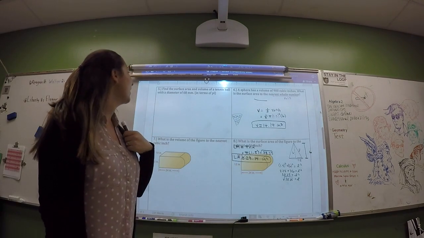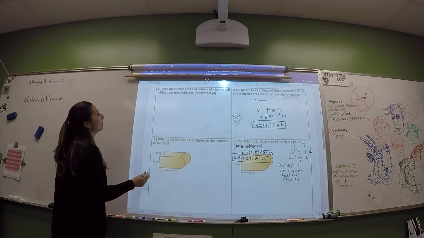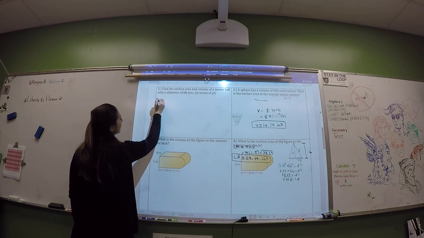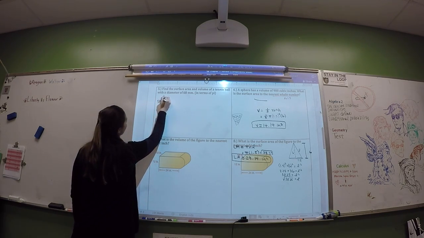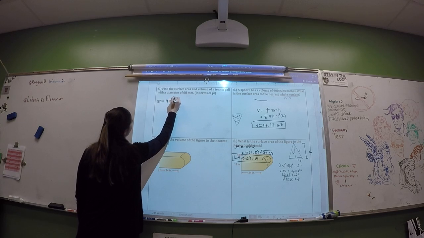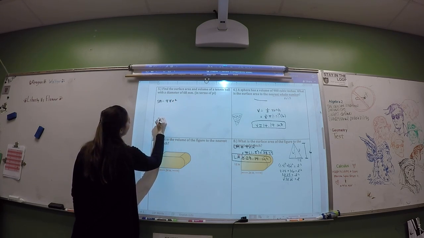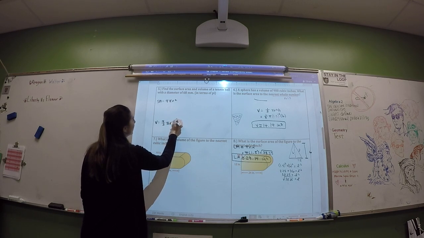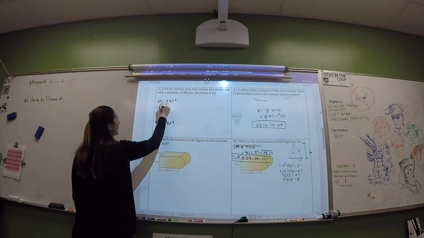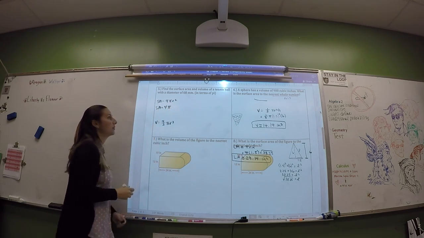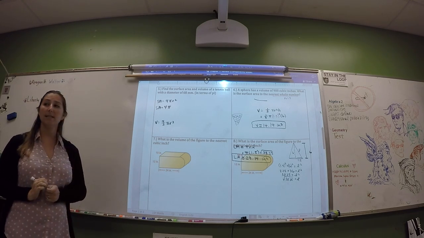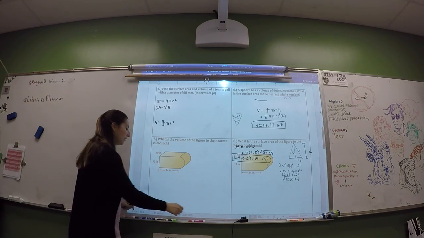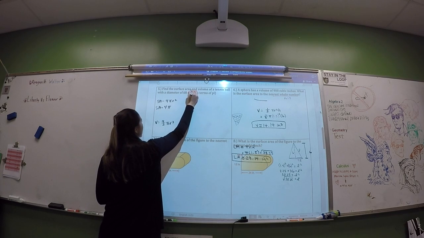Find the surface area and volume of a tennis ball with a 68 millimeter diameter. Alright, so we're going to do surface area here, which is 4 pi r squared. Volume is 4/3 pi r cubed. So our surface area, in terms of pi, if the diameter is 68 millimeters, the radius is 34.